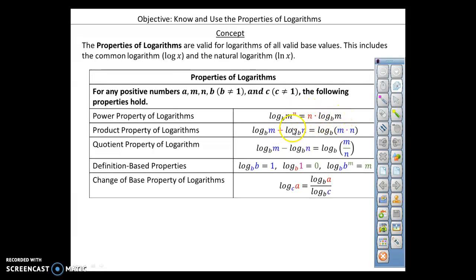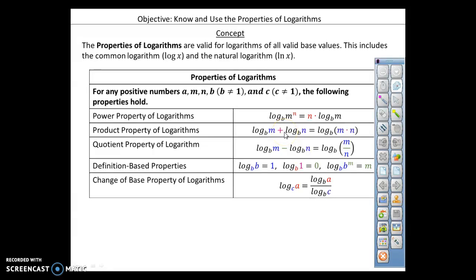Once we're done using that property, then we would use either the product or the quotient property, and we would do those from left to right, just like we do multiplication and division. This corresponds to multiplication and division from left to right in our basic math. So we use our product and quotient properties of logarithms at this point, and they can be used in either order.